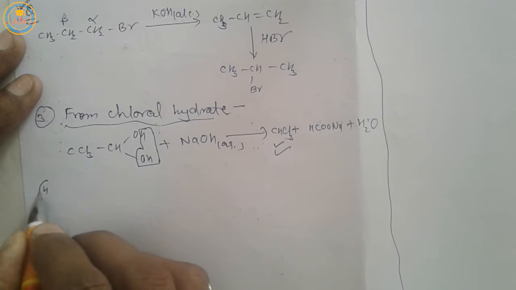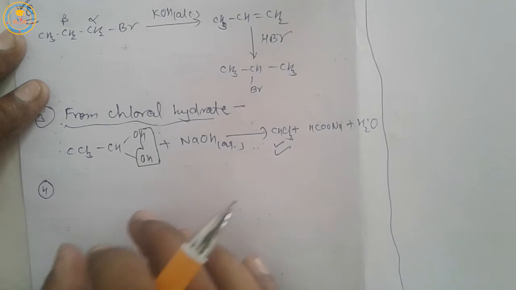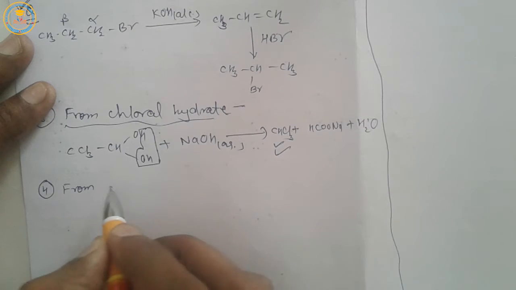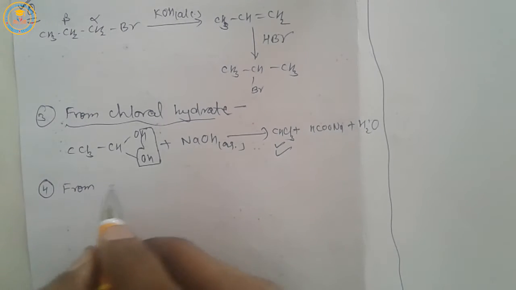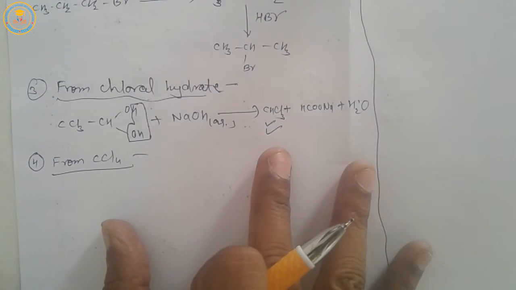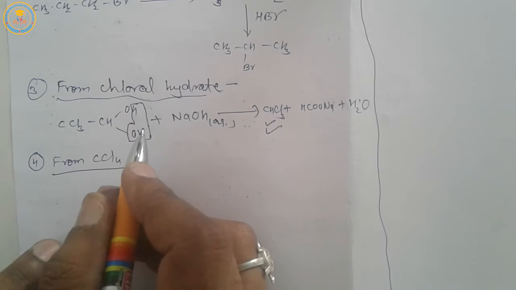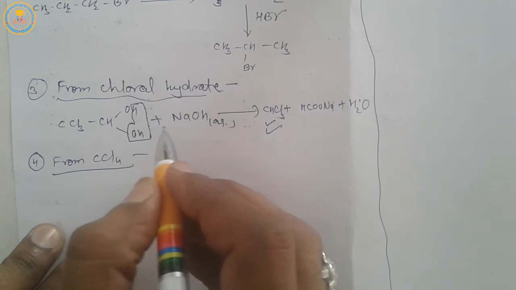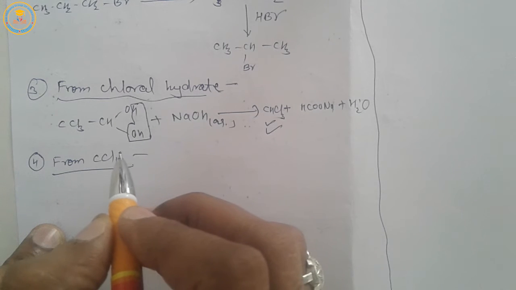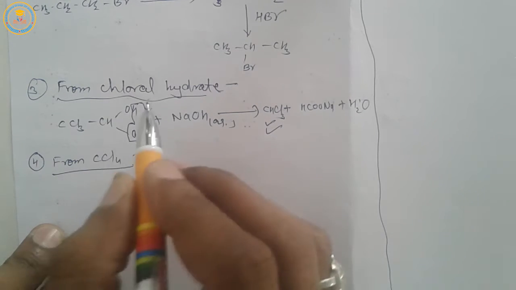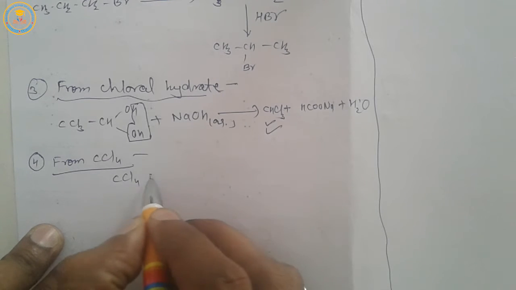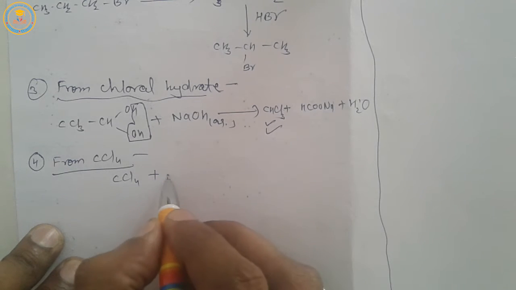Now next, the fourth method for preparation of chloroform is from CCl4. By partial reduction of CCl4, chloroform is formed. Here, the reducing mixture is Fe plus H2O. So, it is carbon tetrachloride.